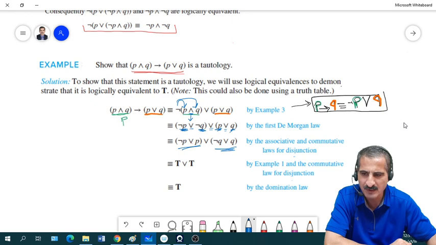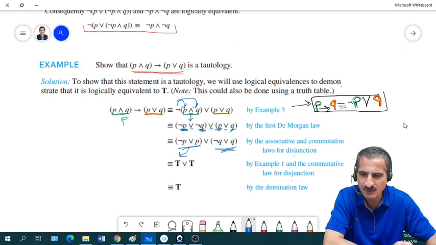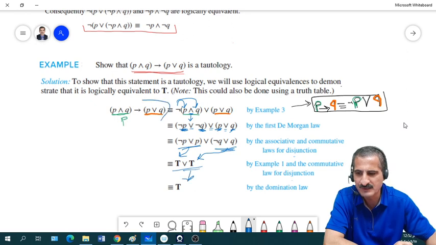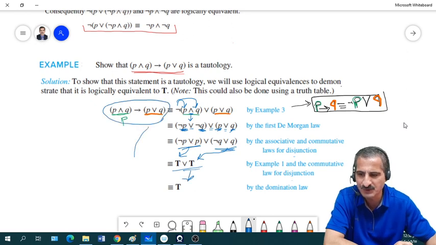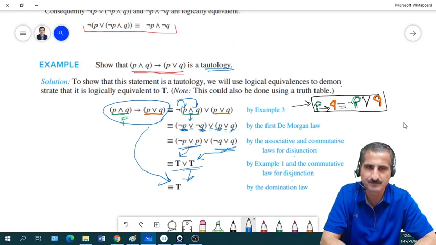Now we learned that P or not P is always true. Q or not Q is always true. So we have true or true, we get true. So this compound proposition is always true. So it is a tautology indeed. And this comes to the end. Okay, thank you.